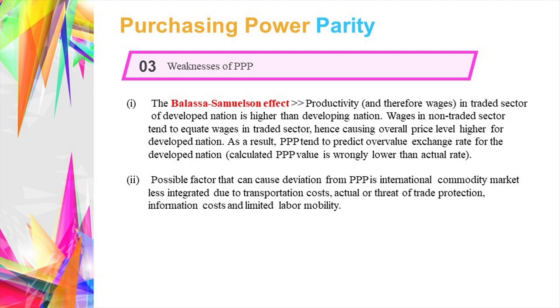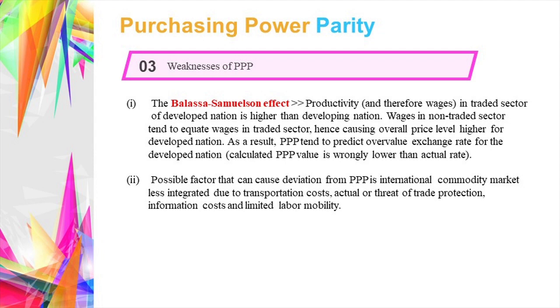3. Weaknesses of PPP. Firstly, the Balassa-Samuelson effect. Productivity, and therefore wages, in the traded sector of a developed nation is higher than in a developing nation. Wages in the non-traded sector tend to equate to wages in the traded sector, hence causing the overall price level to be higher for the developed nation. As a result, PPP tends to predict an overvalued exchange rate for the developed nation.